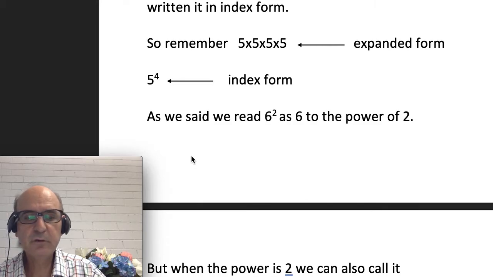There are also some special cases where the power is 2. If the power is 2, we can read it as squared. So for example, I can read this as 6 to the power of 2, or I can read it as 6 squared.